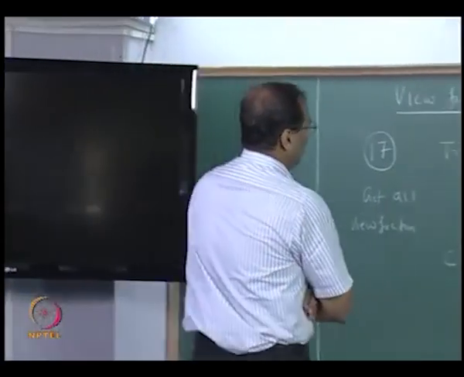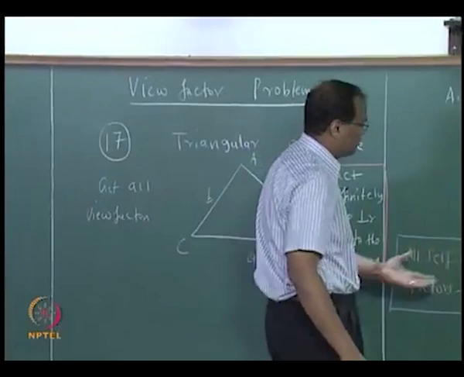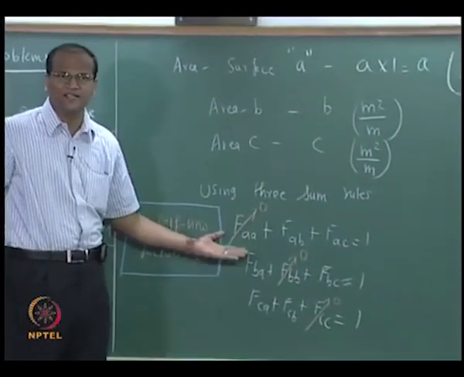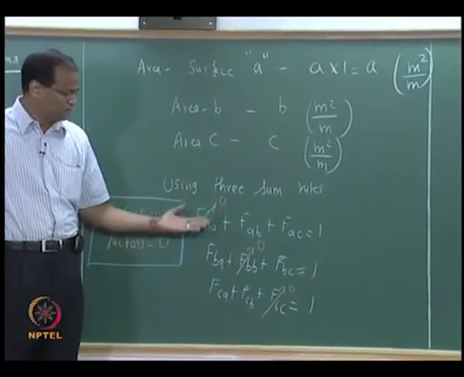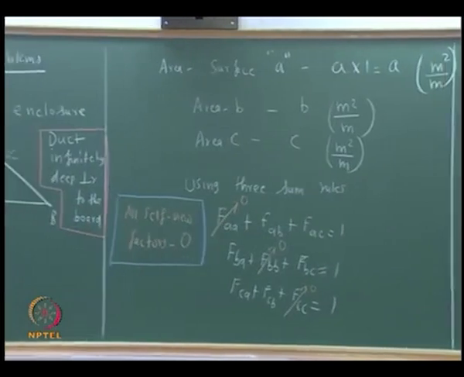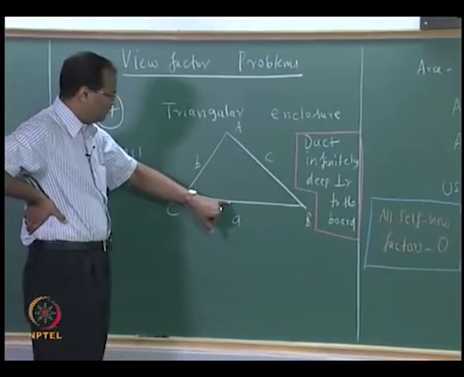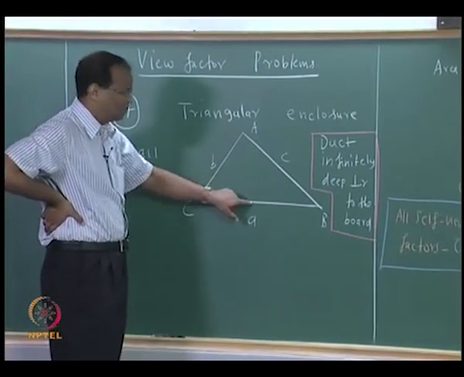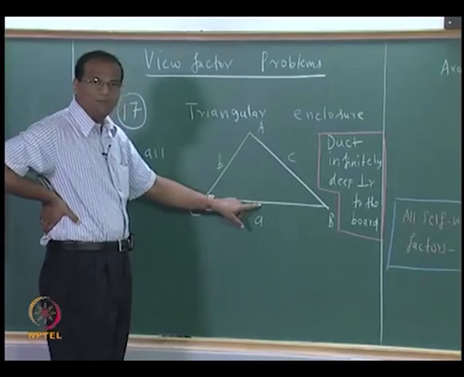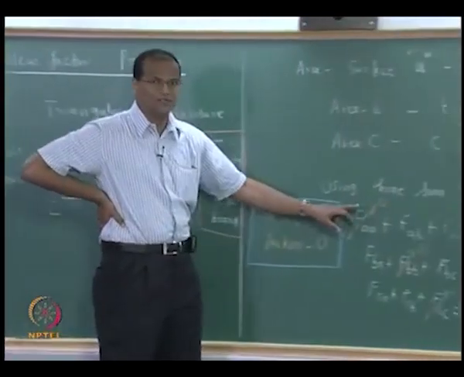Now I start solving this problem by first writing the 3 summation or sum rules. I apply the sum rule for the surface A: f of A to A plus f of A to B plus f of A to C equal to 1. It is a plane surface, therefore f A A equal to 0.